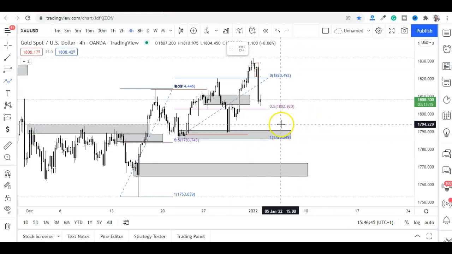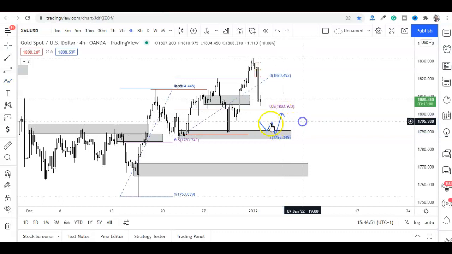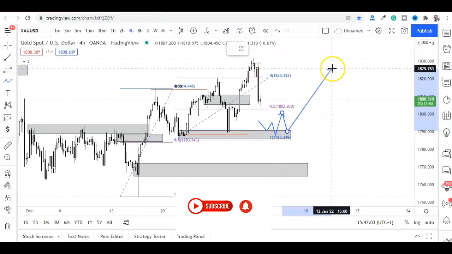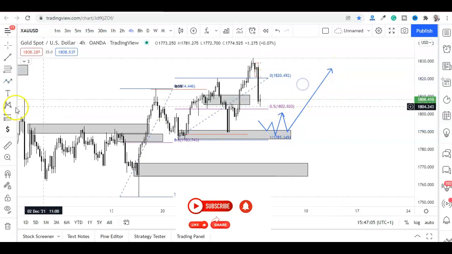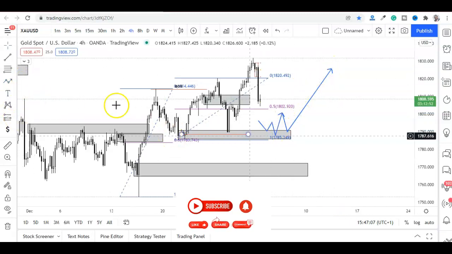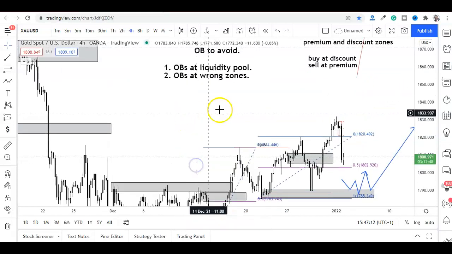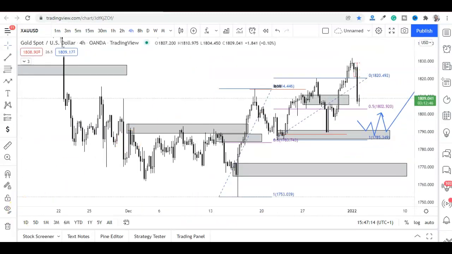When price comes in here, I will look for a bullish break of structure in the lower time frame, to confirm that price is ready to go higher. So when next price comes into my point of interest there, which will be an order block, I will look to take that trade. So that is how to trade order blocks and to avoid fake OBs.